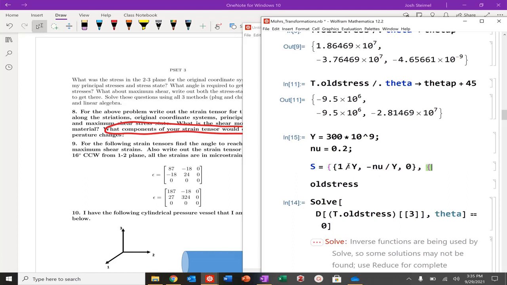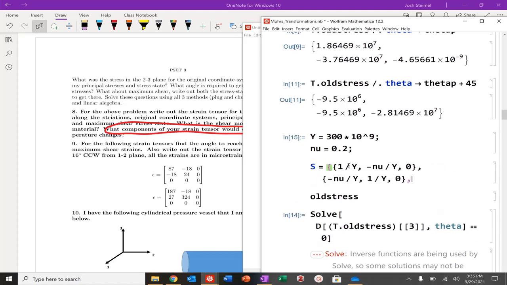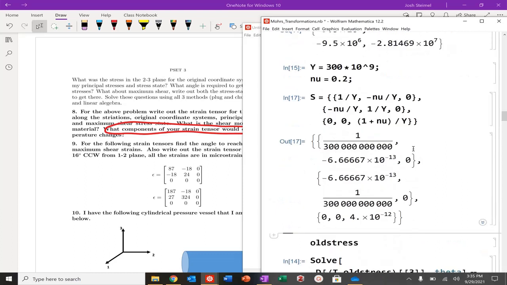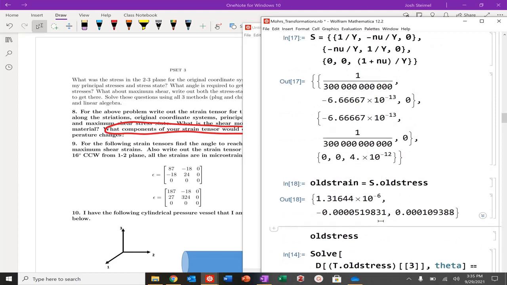Then minus nu divided by Y, 1 divided by Y, 0, and then finally 0, 0, 1 plus nu divided by Y. Now my old strain is going to be equal to S dot old stress, and those would be my strain values.